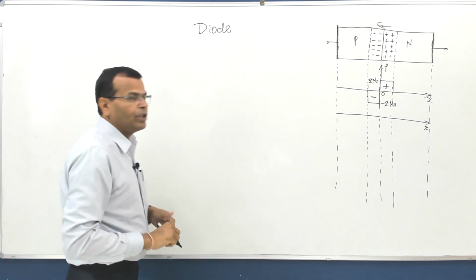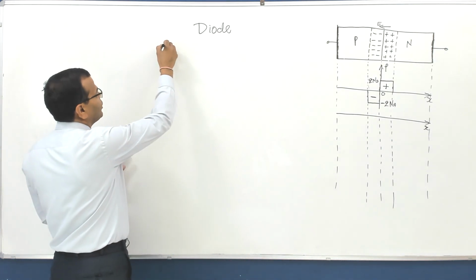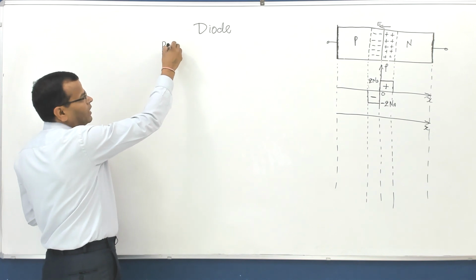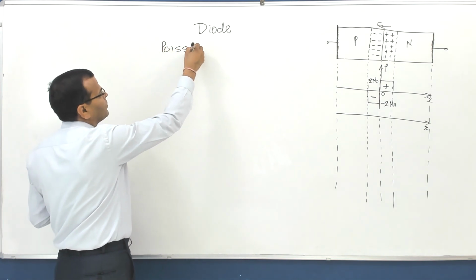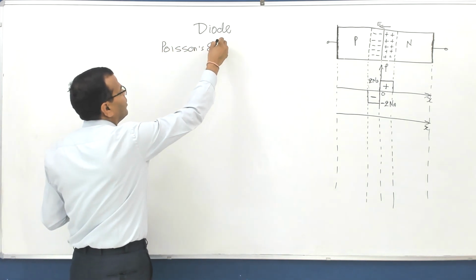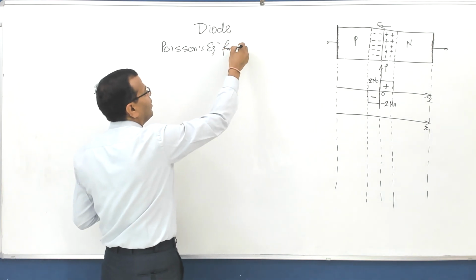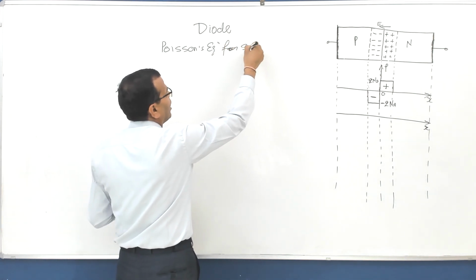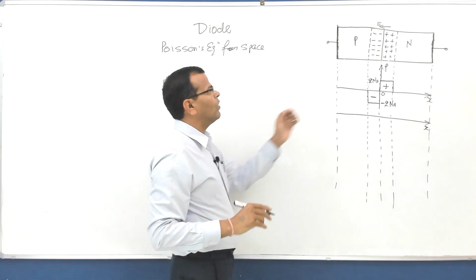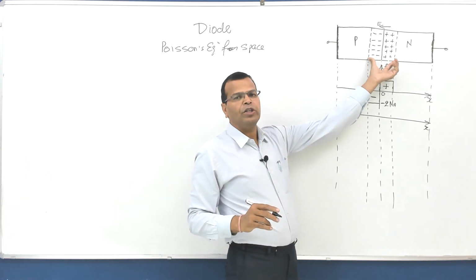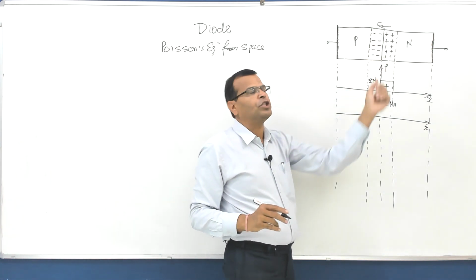That is Poisson's equation for volumetric charge distribution. I repeat, that is Poisson's equation for space charge. Why? Because this is your transition region, so charge in this is called space charge.